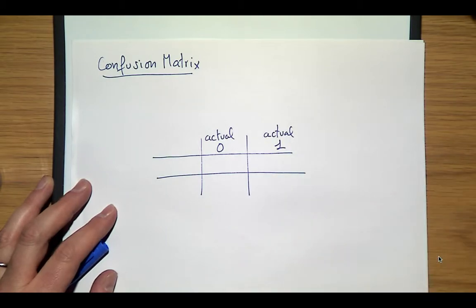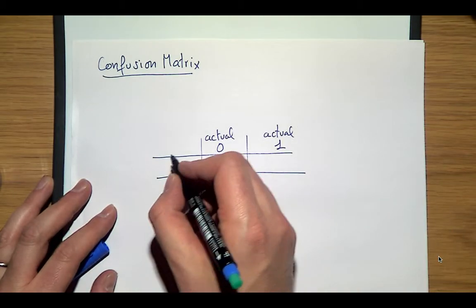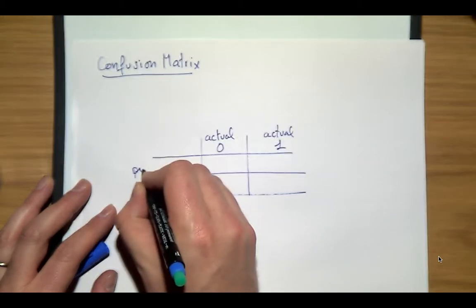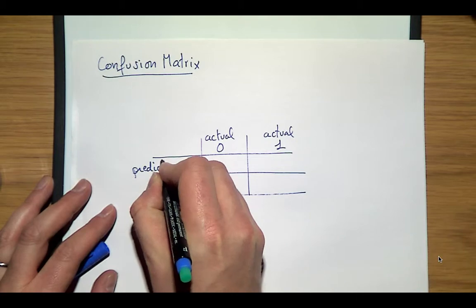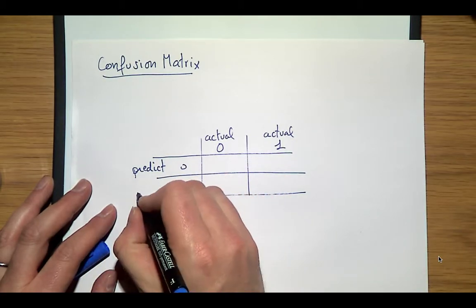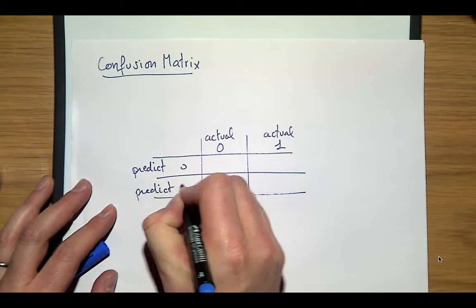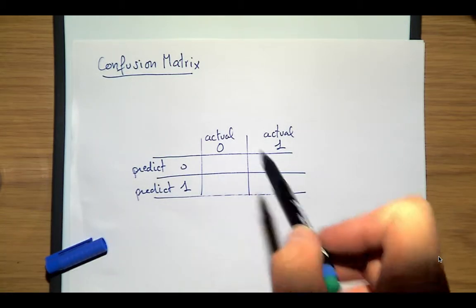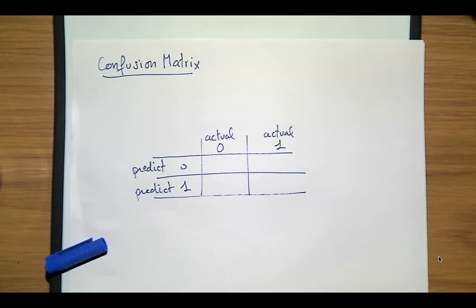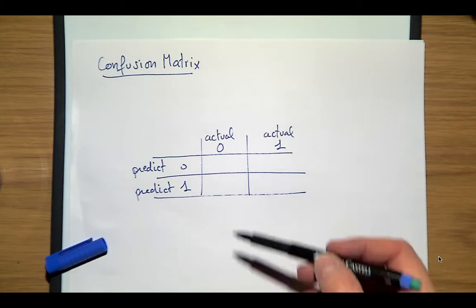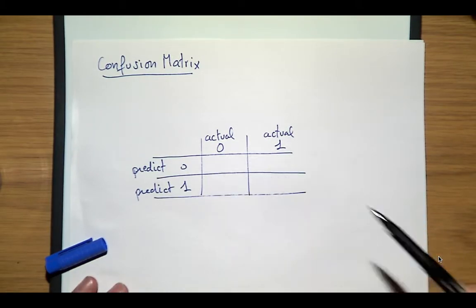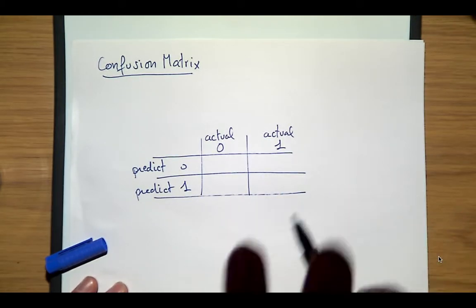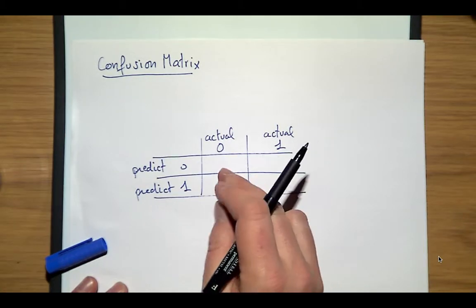And here you have the predictions: you predict 0 and you predict 1. Now the order in which these entries are doesn't really matter. You have a table that explains that, and the entries here are simply the number of observations which fit into a particular case.